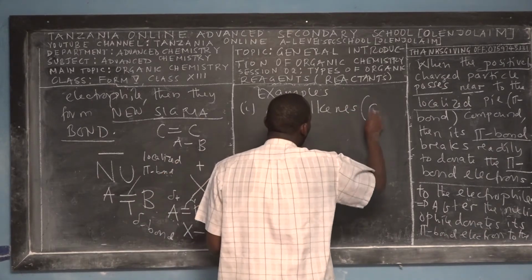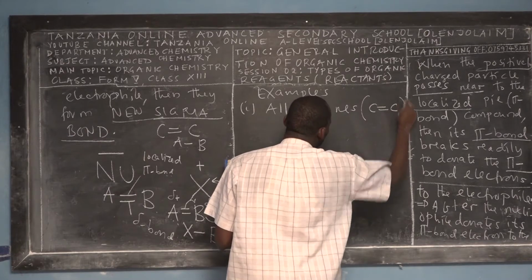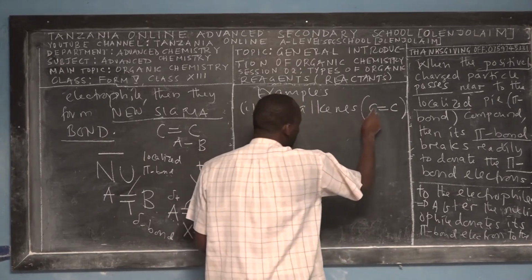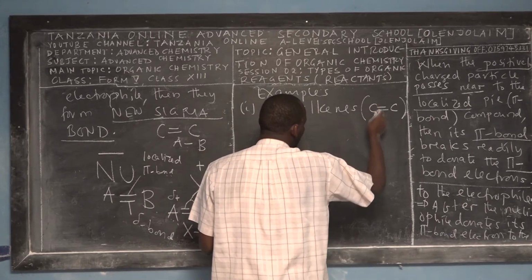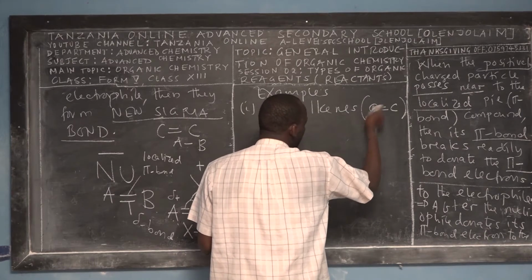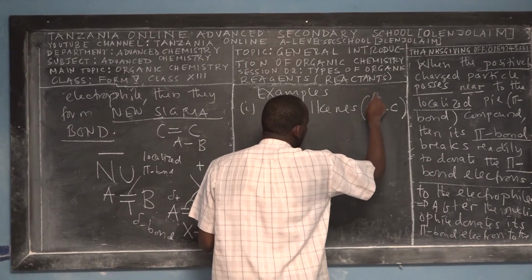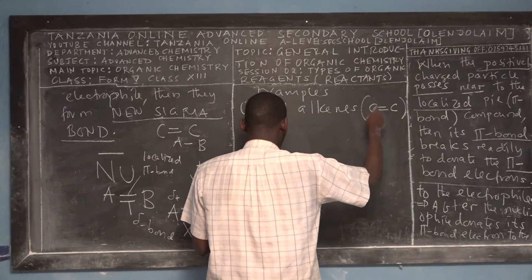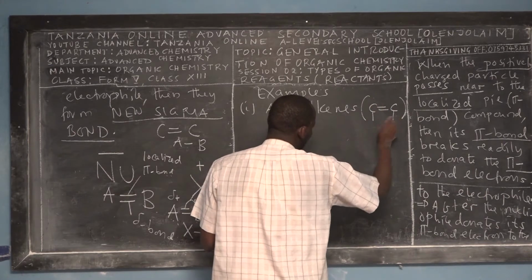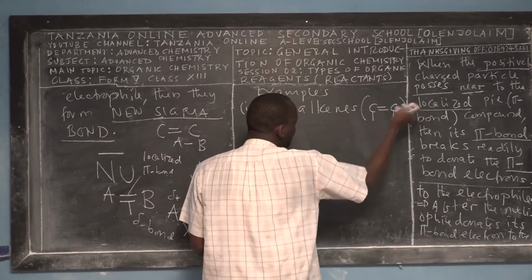So the functional group for an alkene is this one. Here you can have maybe an R group, it depends, but simply say that you have something else there, but this is the functional group.